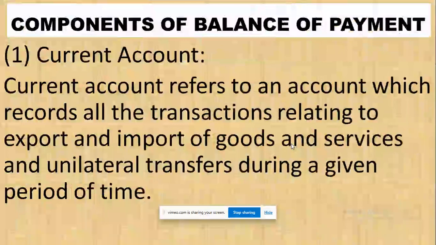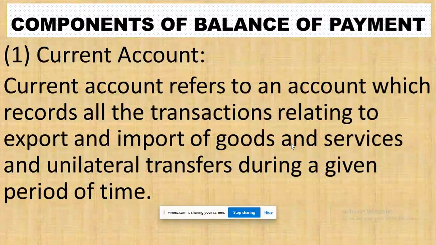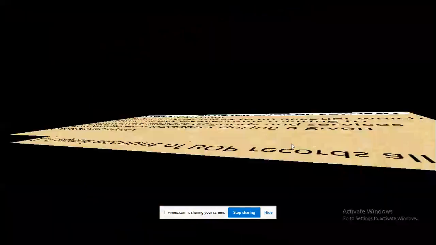So we're talking about current account. We refer to it as an account which records all transactions relating to export and import of goods and services and other unilateral transfers during a given period of time, and that's what we call current account as a component of balance of payment.